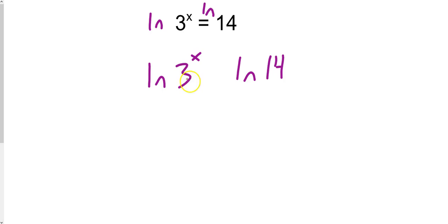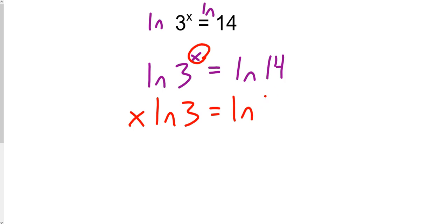And then from here, we can expand out, because back in 6.5, we talked about what happens with an exponent. We can take that exponent and shift it to the front. So what you have is x ln 3 equal to ln of 14. And now you're ready to get the x by itself, because between the x and the ln of 3, that's multiplication.